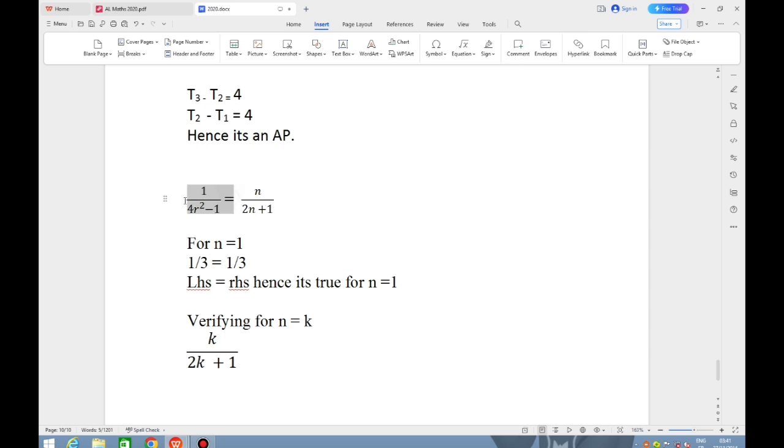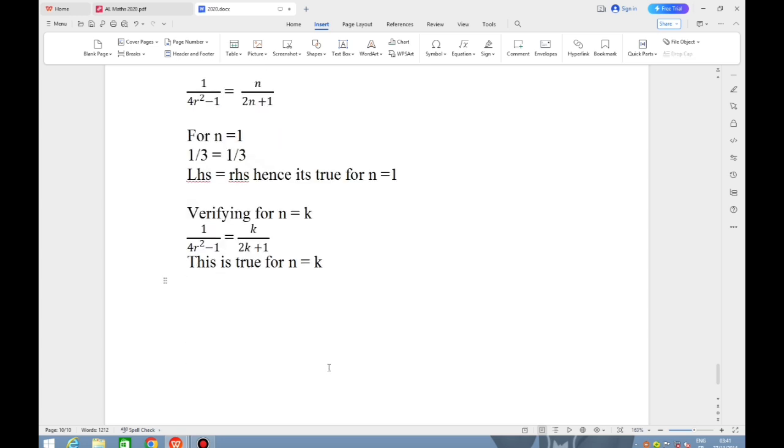After writing this, you can write the hypothesis that this is true for n equal to k. Then our next step is to verify for n is equal to k plus 1.